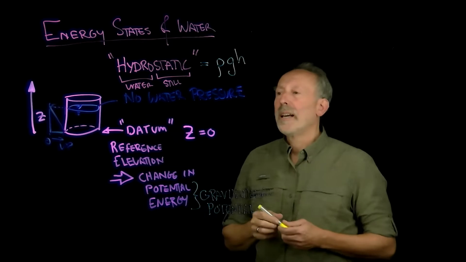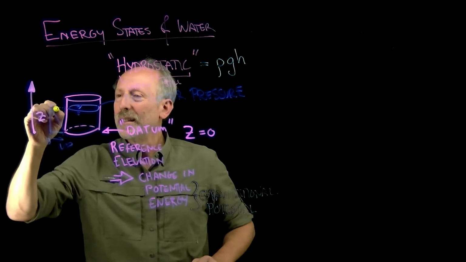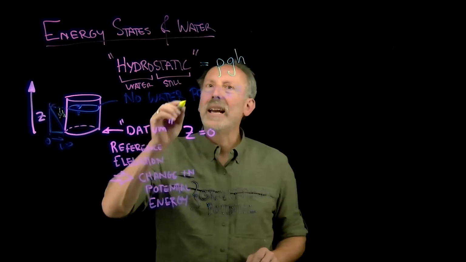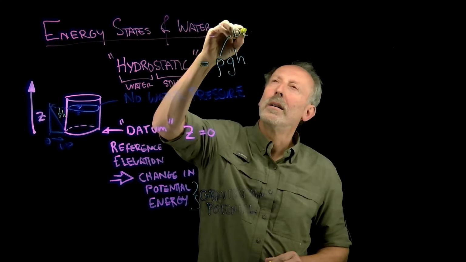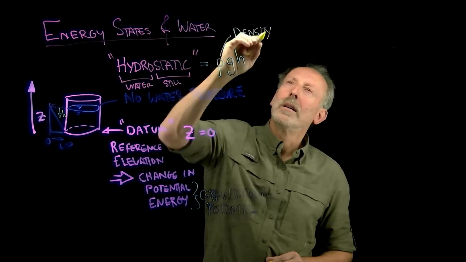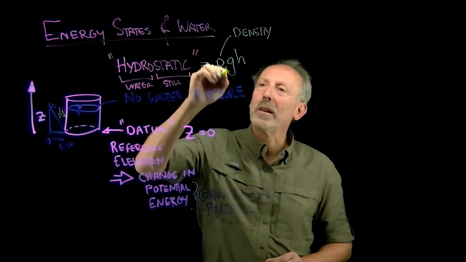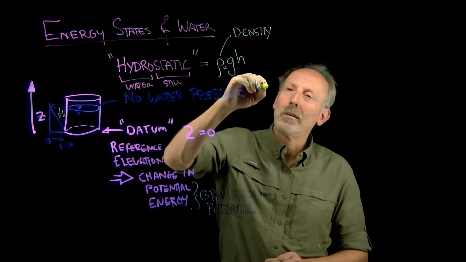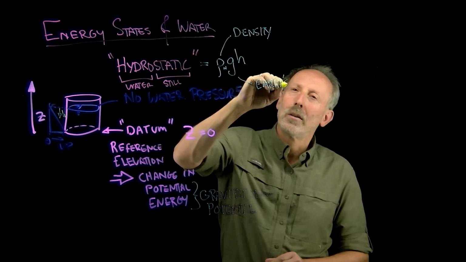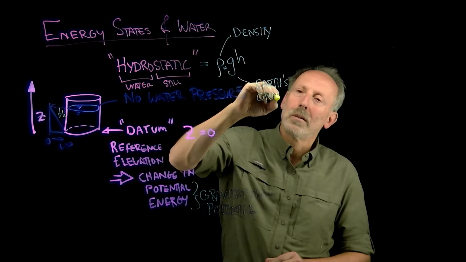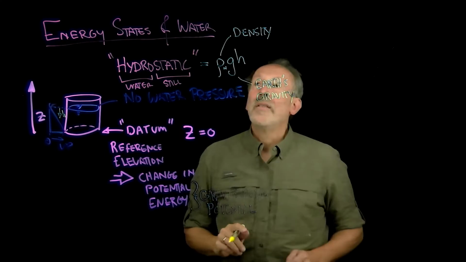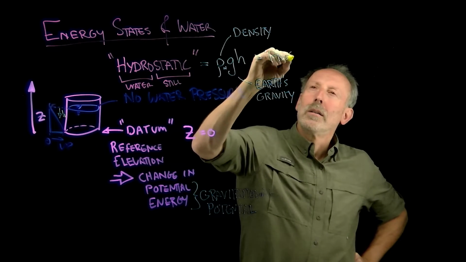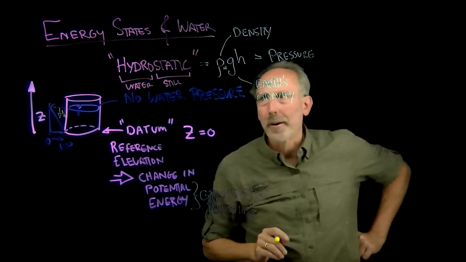Okay? And so if this is the depth of water h, and the density of water is rho, and we can put a W below it if you'd like, and then this is the gravitational pull of Earth, then what we get is the pressure of water.